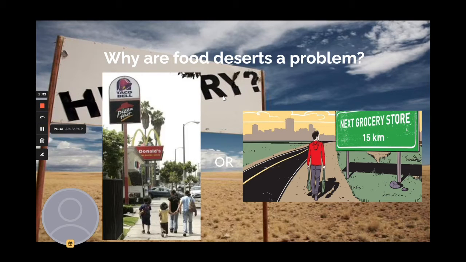Walking or even driving right down the street to the nearest McDonald's or Jack in the Box, where you can get a full meal for $5, maybe not even. Or walking, driving, or riding the bus 20, 30, 45 minutes to get to a grocery store that is more expensive and there's really not that much variety.